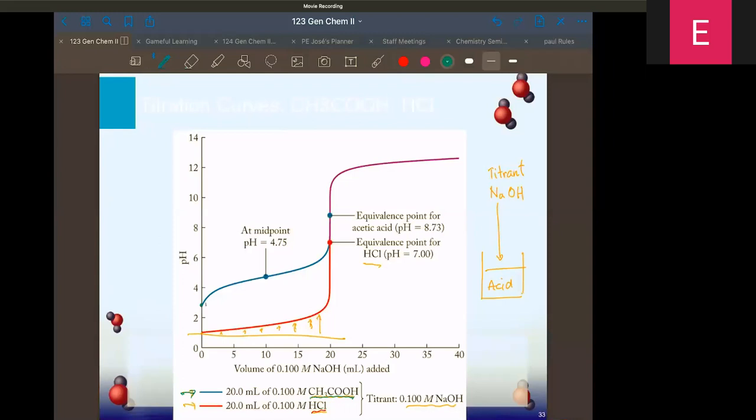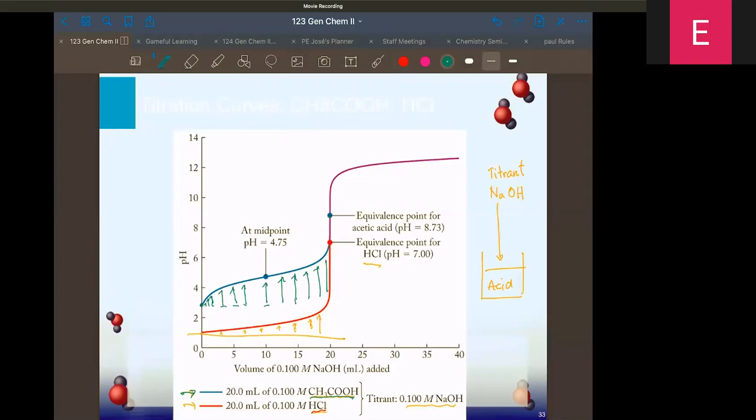So the pH grows a lot. But then at this point, there's less and less growth. These arrows here are not growing as much. They're going to grow the least at this point. And they keep growing, but not as much. And there's going to be a point in which the pH shoots up, and that's the equivalence point.